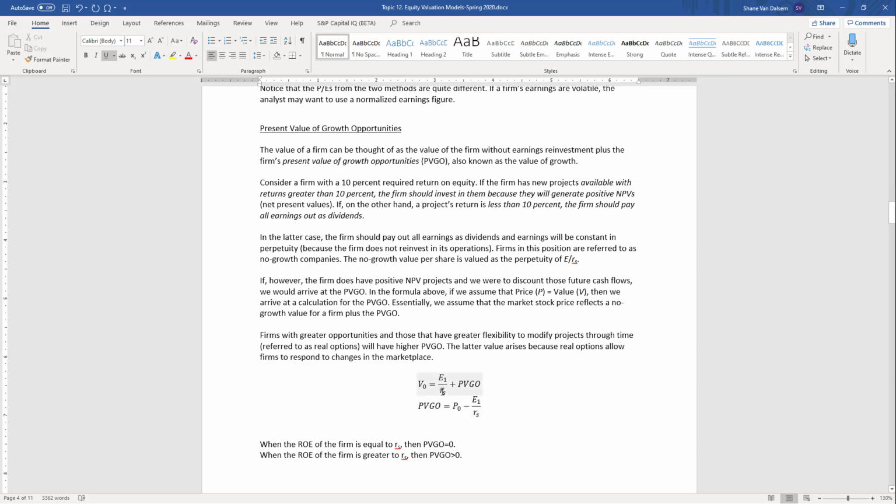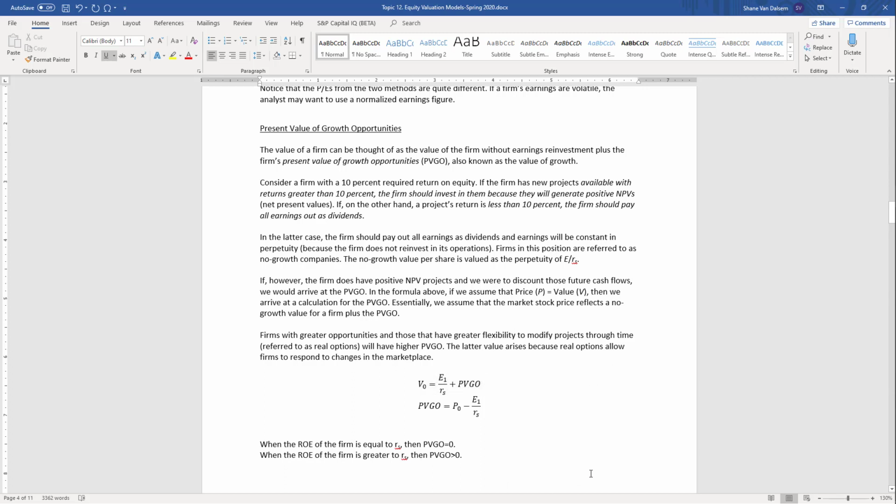Their value was strictly E divided by R_S. They paid out all of their earnings as dividends, and so it was a perpetuity. You could take their current dividends and divide it by the required rate of return for their stock, and you would get the stock price for the firm. So their PVGO was probably close to zero.